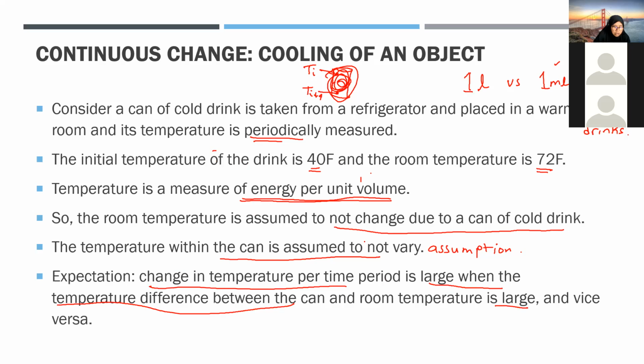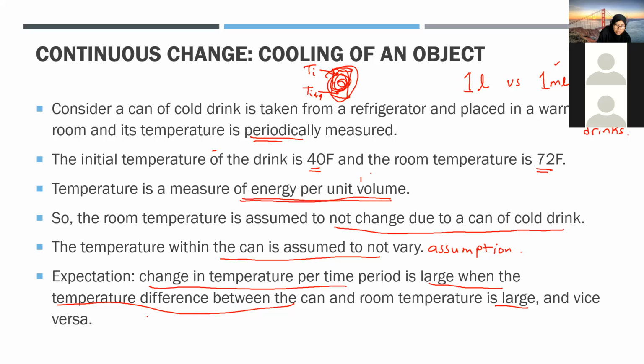Or you can say this is like mechanistic studies or deterministic modeling, because deterministic modeling is based on previous knowledge that you know. The change in temperature per time period is large when the temperature difference between the can and the room is large, and so on.